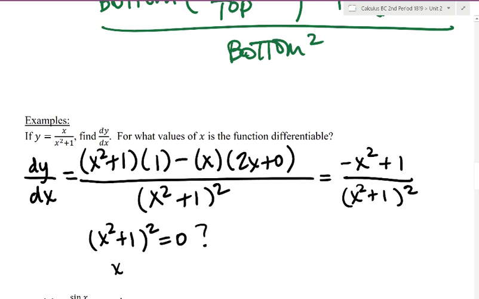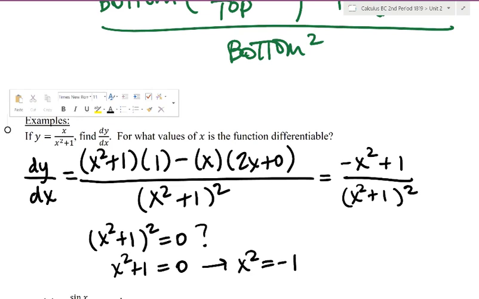That would be where x squared plus 1 equals 0, which is where x squared equals negative 1. And since this is a course in functions that take in a real variable and give back a real variable, we're going to say there aren't any places where the function fails to be differentiable. So it's differentiable for all real numbers.